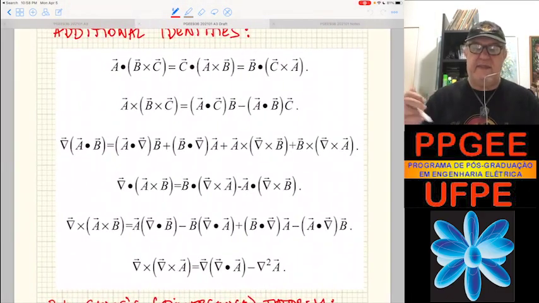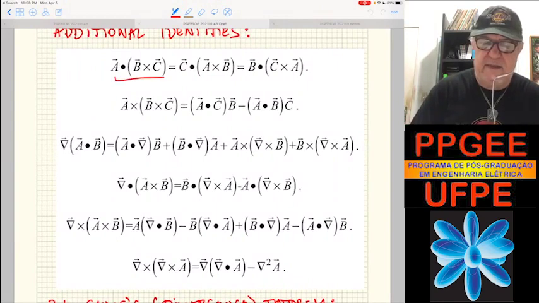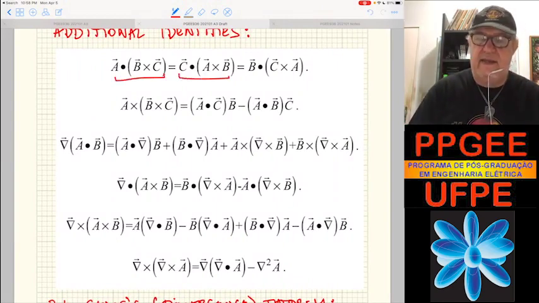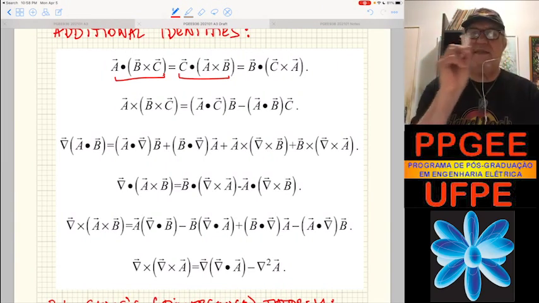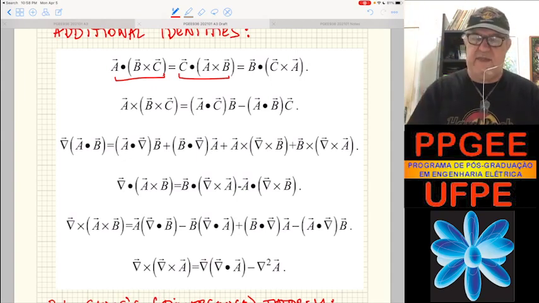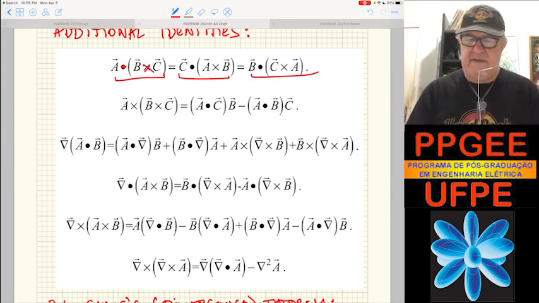We have this property of the mixed product, the permutation property. ABC, CAB, if you make a cyclic permutation, you always have the same result. This is a mixed product, a cross product between two vectors, right?